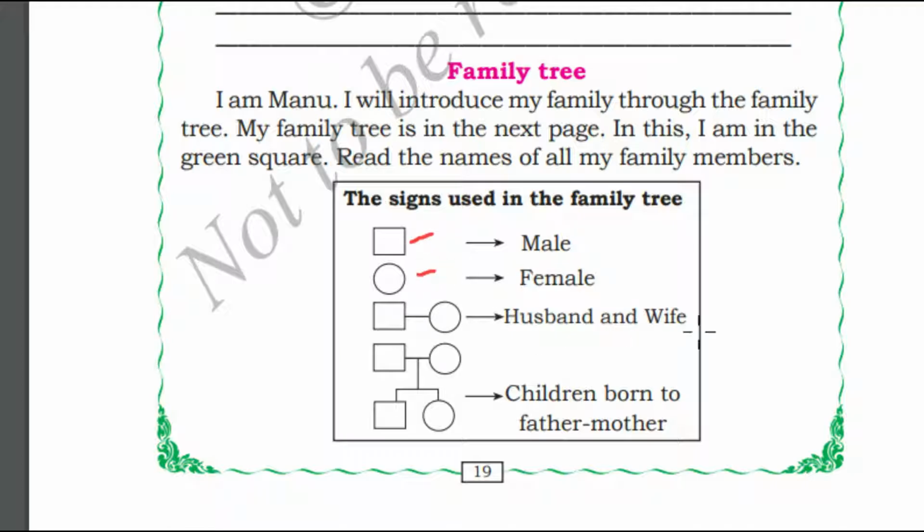For husband and wife, we will use square or rectangle and circle connected with a line. Children born to the father and mother is represented as a square or rectangle, a circle connecting a line between them, and in between the line we will extend one more line representing the children.